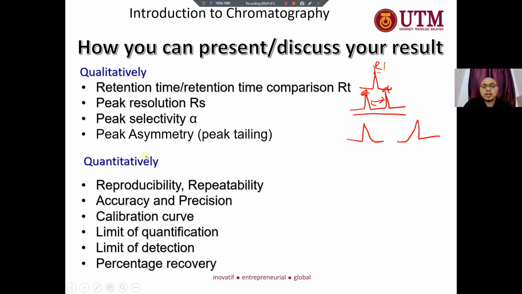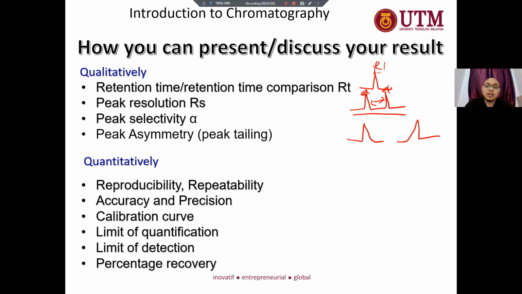Quantitatively, you can also discuss reproducibility or repeatability. In reproducibility and repeatability, we discuss whether our analysis is repeatable or not. It means that you run today, you get the same retention time, and tomorrow you run, you also have the same retention time.